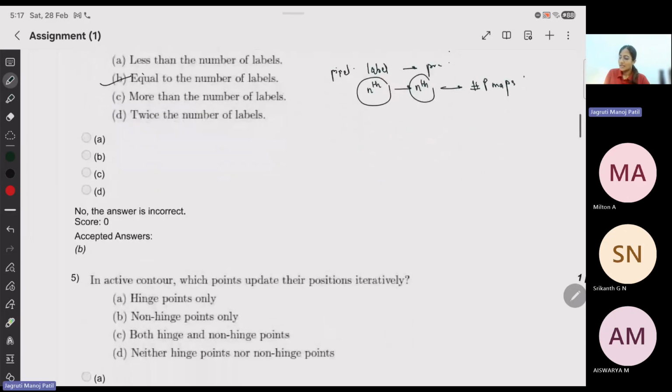Okay, here. So in an active contour, the contour is nothing but the region around which you are segmenting, and the question is which points update their positions iteratively. You have 2 kinds of points there, hinge points and non-hinge points. So which points can move freely if you have an active contour?